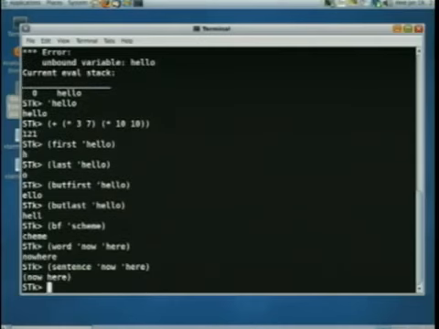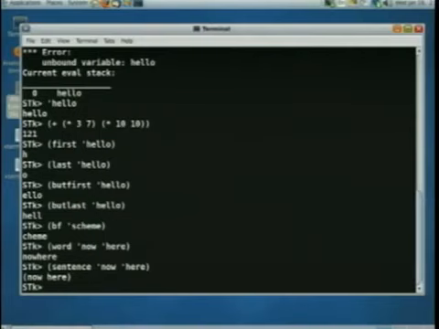And it makes something we haven't seen before, which is a sentence, which is a bunch of words in parentheses. Okay? Now notice this is something Scheme is printing out as a result, this sentence. If I were to type in parenthesis, now here, close parenthesis, that would not mean I want the sentence now here.